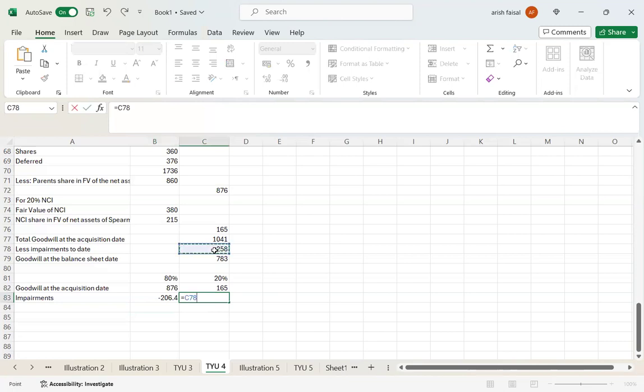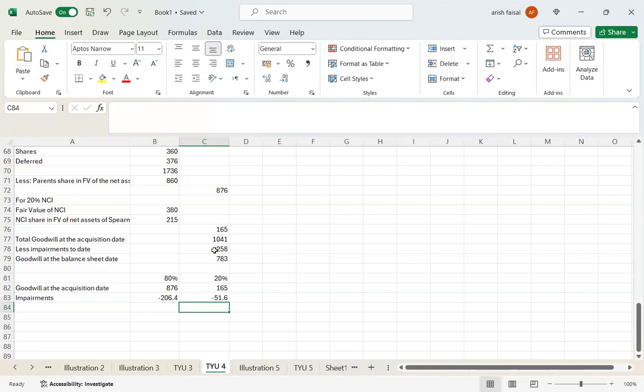So 258 into 20 percentage. So we have to prorate the impairment between the controlling part and the NCI part, because the impairment charge which is towards the controlling interest will have to be recorded.